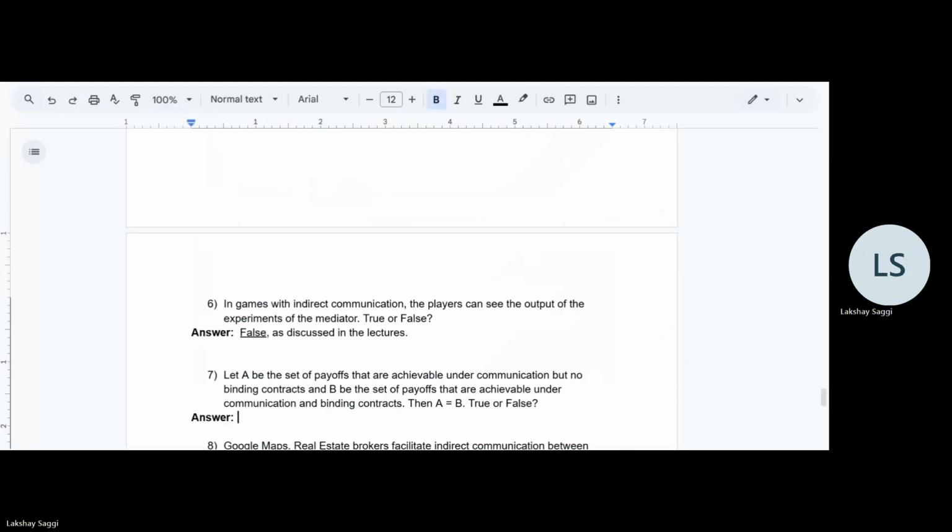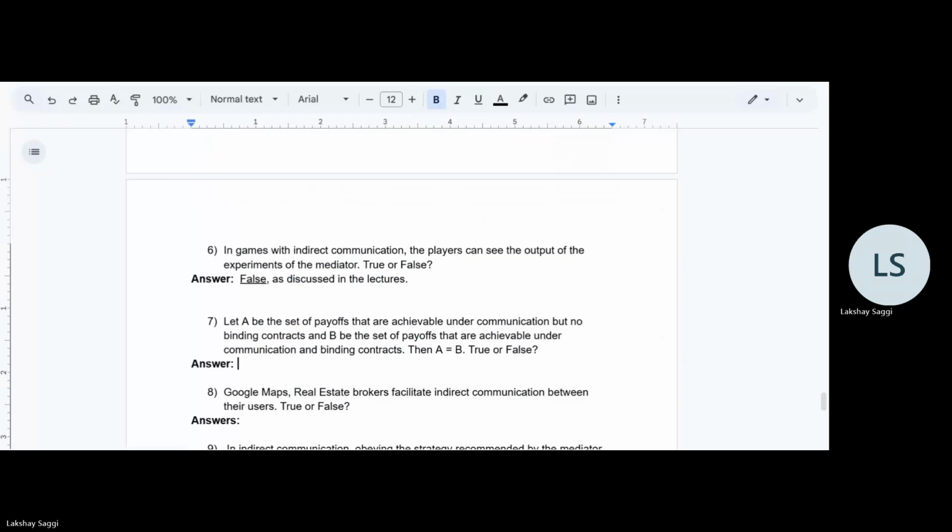Basically, if a contract is not followed, then it can just be thought of as not being a contract at all. And if it is followed, then it can be thought of as being a binding contract.